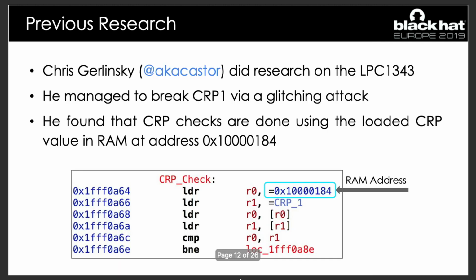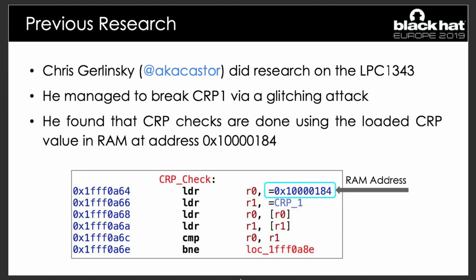First of all, we will speak about the previous research that has been done on the LPC family from NXP. I think last year, Chris Gerlinsky did some research on this device, and he managed to break code protection level 1 on this device that we have here. But he managed to break it using a glitching attack.